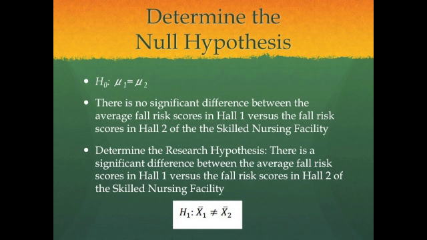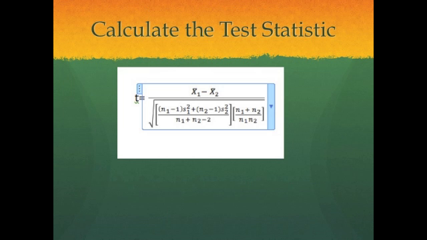We also want to take this opportunity and determine the research hypothesis, which is that there is a significant difference between the average fall risk scores in Hall 1 versus the fall risk scores in Hall 2 of the skilled nursing facility. I want to know if there's a difference between the two to begin looking a little bit deeper at patterns in the future. So now it is time to calculate the test statistic.